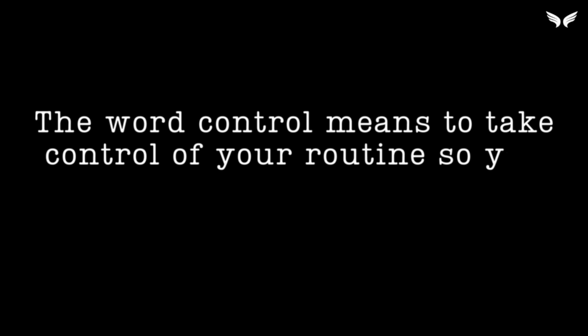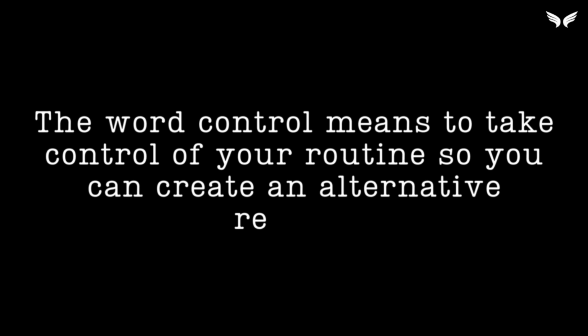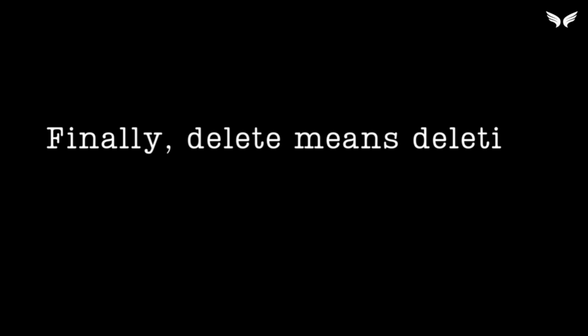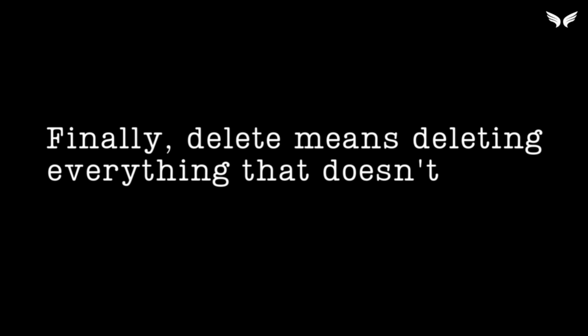And once you write those down, you need to use the Control Alt Delete technique. Now, the word control means to take control of your routine so you can create an alternative reality. That is what the term alt means, creating alternative reality. Finally, delete means deleting everything that doesn't serve you.